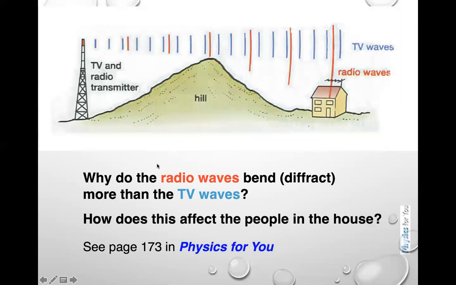So the question is, why do radio waves bend or diffract more than TV waves? This happens because there is a barrier that stands in front of it. It acts like a narrow hole in front of it and makes it diffracted with large or huge angles. Okay, this is it for today.